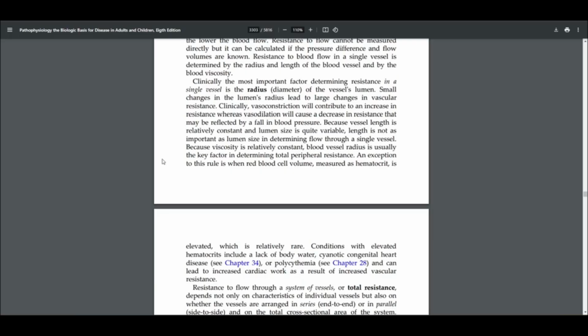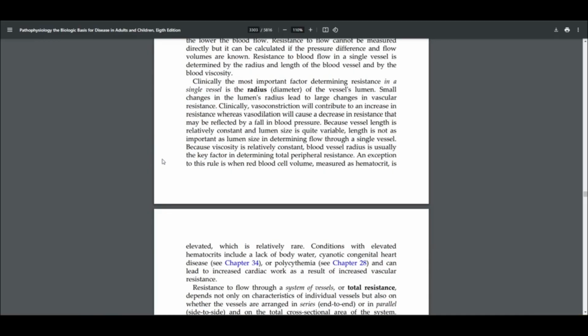Because viscosity is largely constant, blood vessel radius is usually the key factor in determining total peripheral resistance. An exception to this rule is when blood or red blood cell volume, measured as hematocrit, is elevated, which is relatively rare.